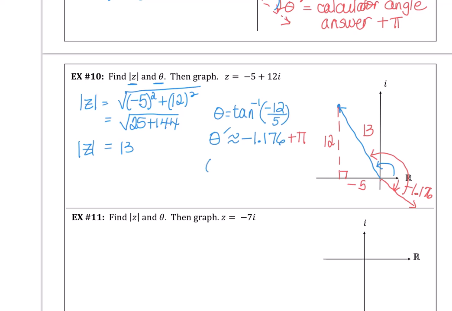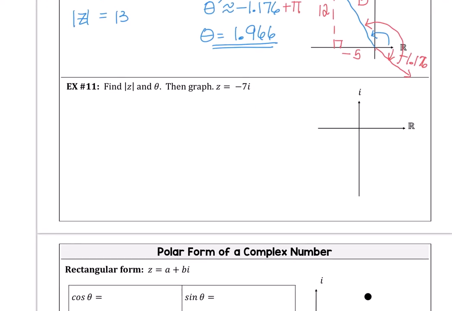So the angle we have in quadrant 2 is going to be 3.14 minus 1.176. So we're going to be at 1.966. That's where we are in quadrant 2.